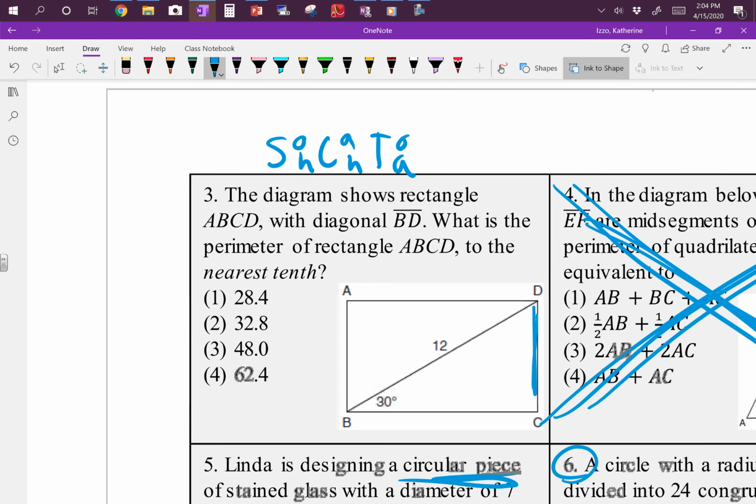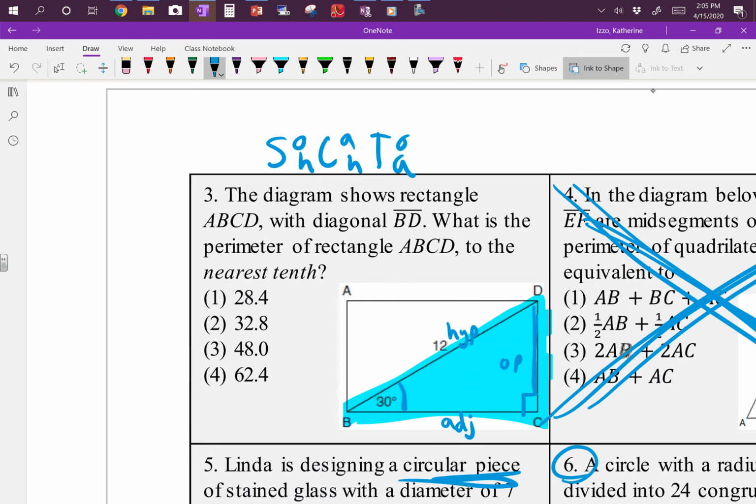Now, if we take a look, we've got this bright blue triangle. Isn't it pretty? And we've got this angle down here. Now I've talked about SOHCAHTOA, which means we need to label our sides. This one's going to be the hypotenuse. This one's going to be adjacent because it's between my two angles.